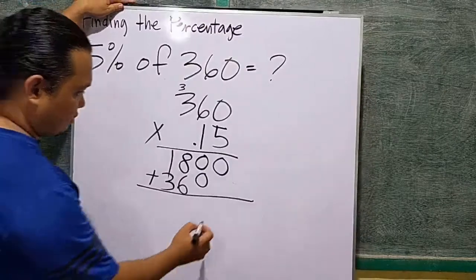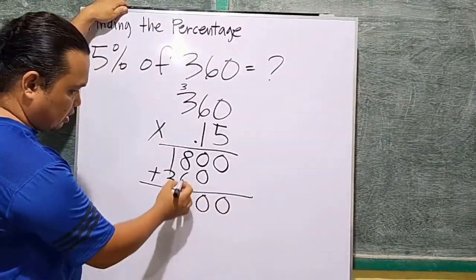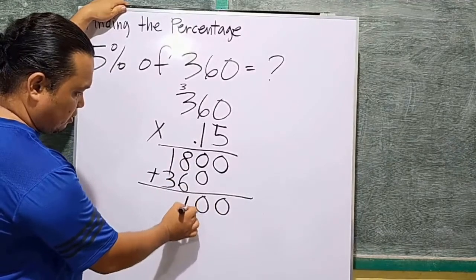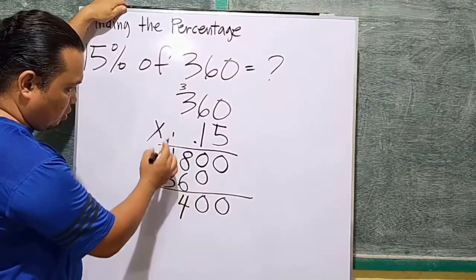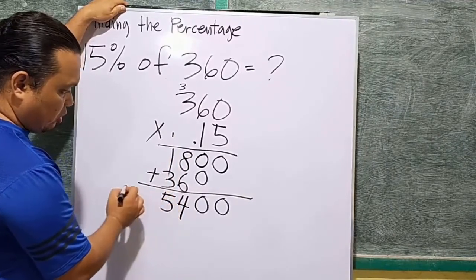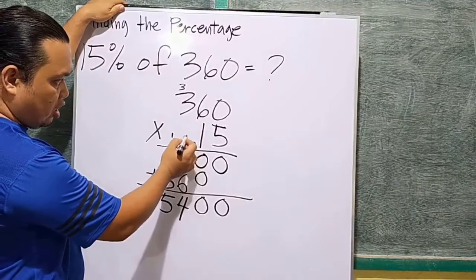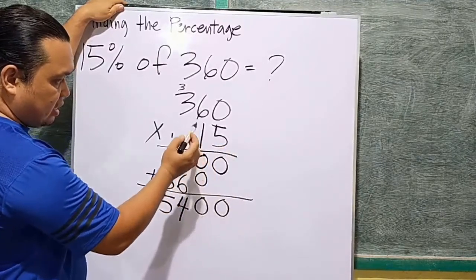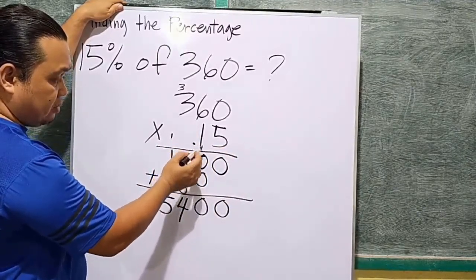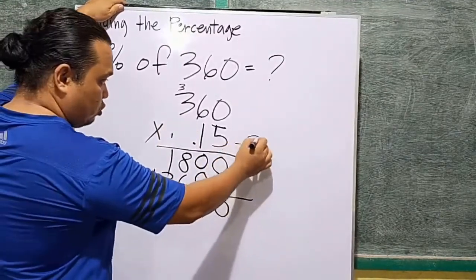Now we have 0, 0. 8 plus 6 is 14. 4 carry 1. 1 plus 1 is 2, plus 3 is 5. And where do we put our decimal point? It depends on how many digits after the decimal point our factor has, which is 2.